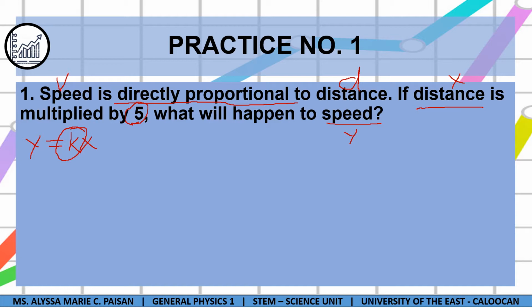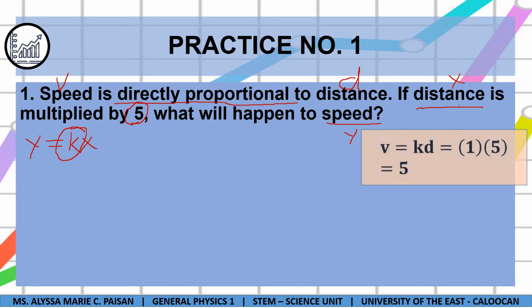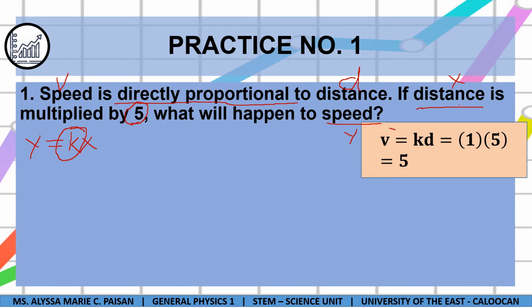Now that we've identified the relationship, we've identified the variables and what kind of variables they are, we can now use the method that we used previously, which is this one. We set the speed as v, and then we have the k, and then our x is the d, the distance, and then of course the constant will just become 1.